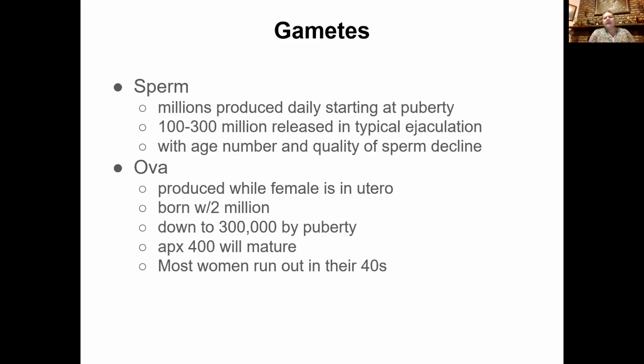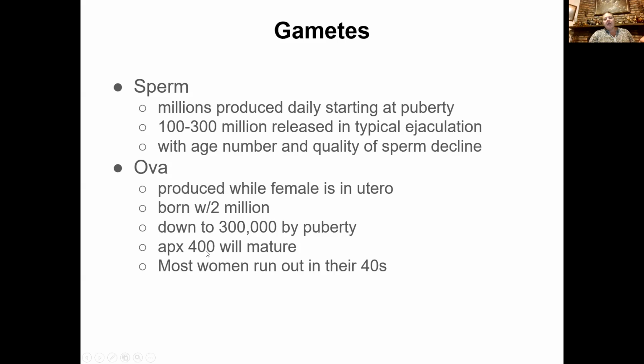The ova are very interesting. Females, basically, when they are in utero, so when I am developing inside of my mother's uterus, I am developing all of the eggs I will ever have in my lifetime. So they are produced while the female is in utero. We are born with about 2 million ova, which are these little egg cells. By the time we hit puberty, we're down to about 300,000 of them.